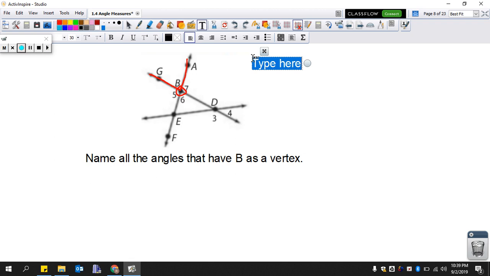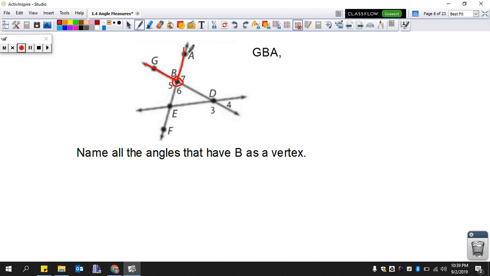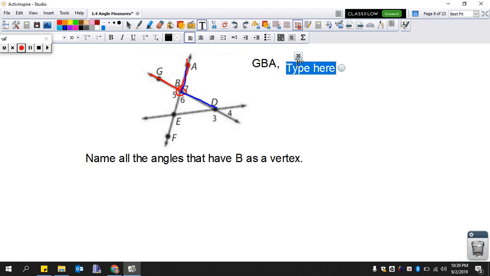So we have GBA. We have, let me use a different color, ABD. We have ABD.